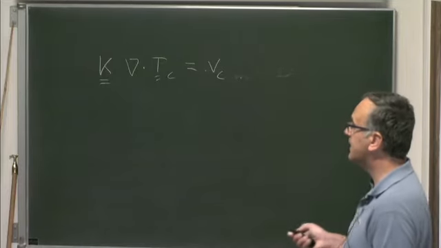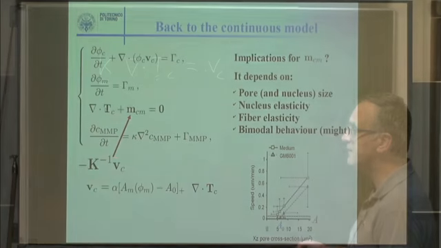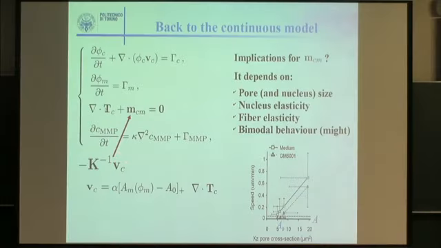If you assume it is proportional to the velocity, you can write this one. If it is not, you have a more complex law which might not be easily invertible, because you have some force that has a nonlinear dependence on the velocity.